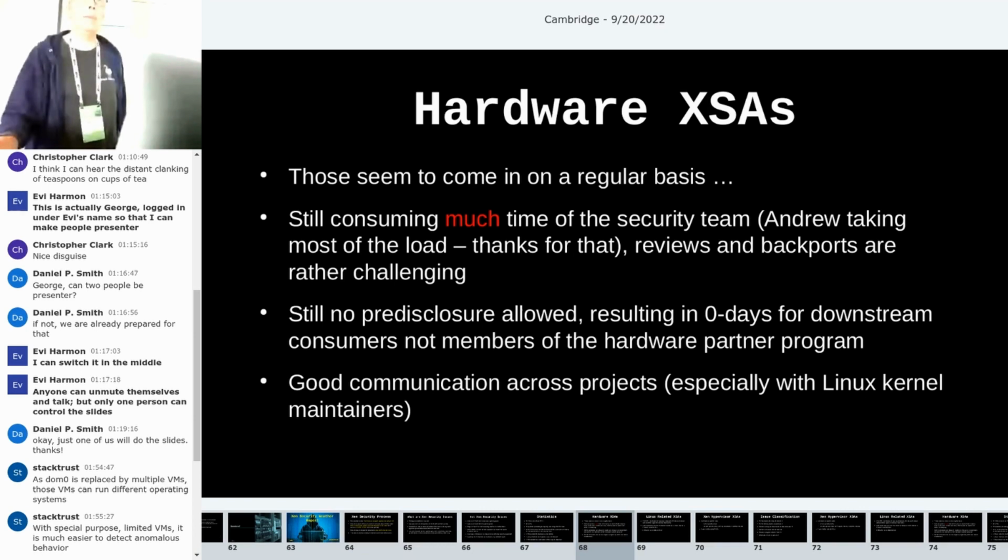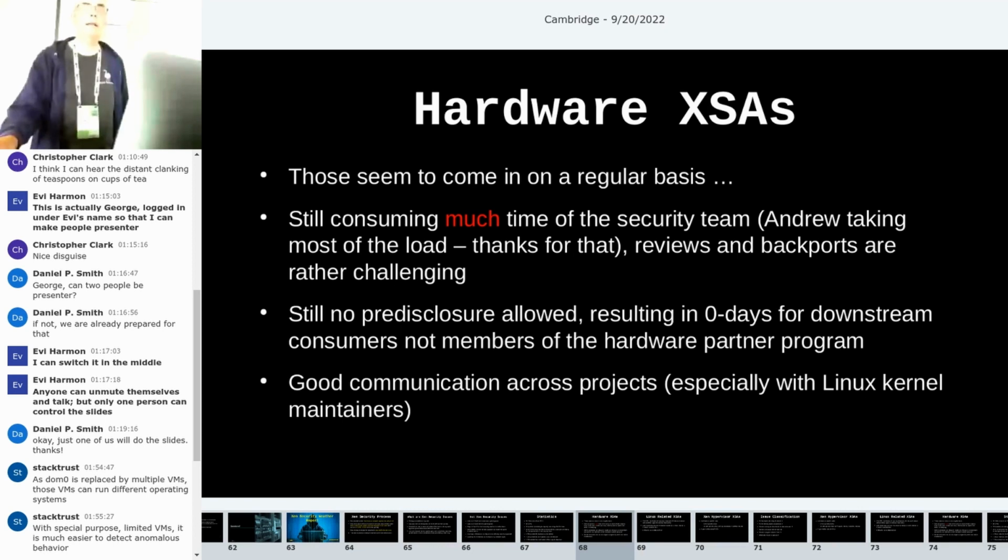And basically, they're weakening this a little bit so we can discuss it internally. But this pre-disclosure disallowance results in basically 0 days for downstream consumers of Xen, which are not partner of the hardware partner program.